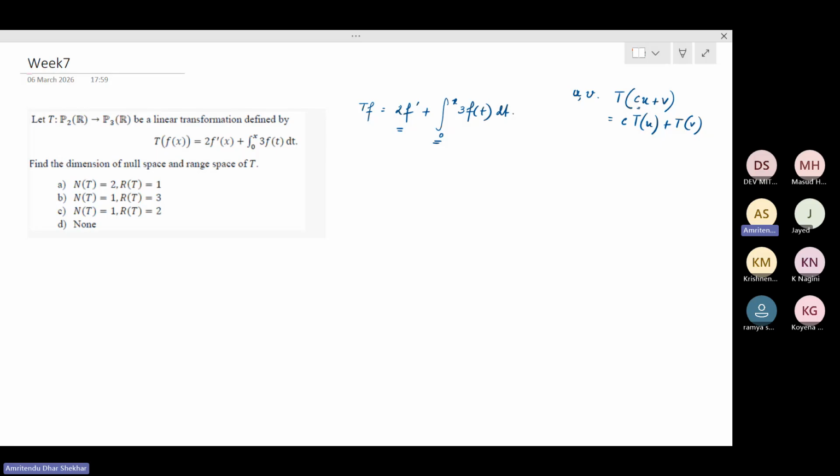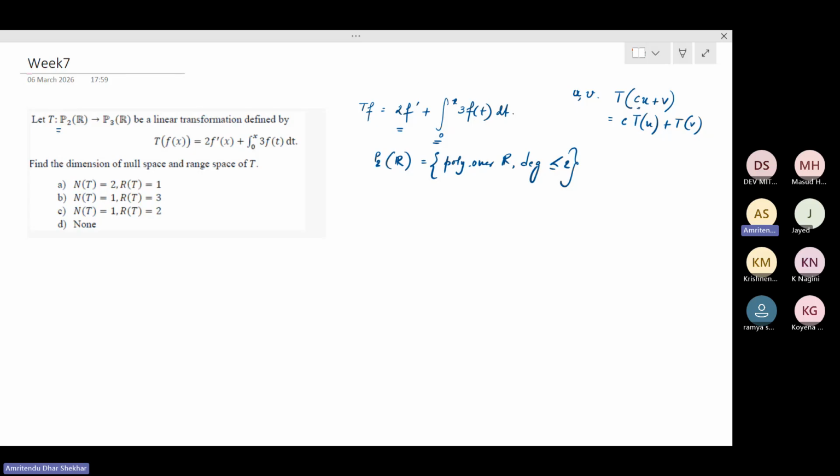Now we're looking at the space of all polynomial functions. Here the domain of this map T is P2 of R. So this is basically polynomials over R with degree less than or equal to 2, and of course it's a finite dimensional space.